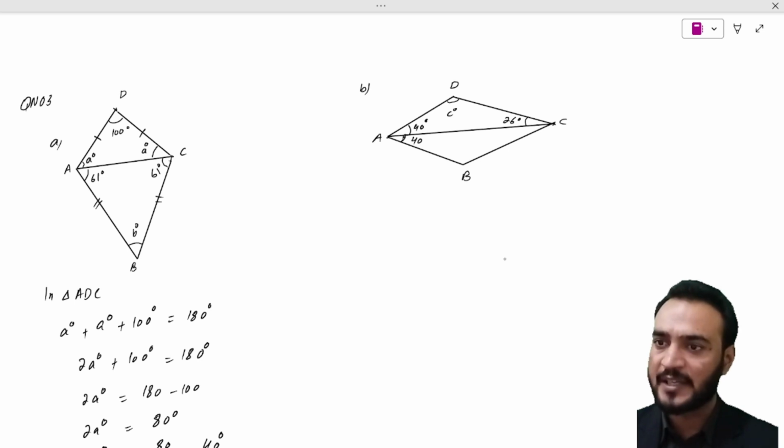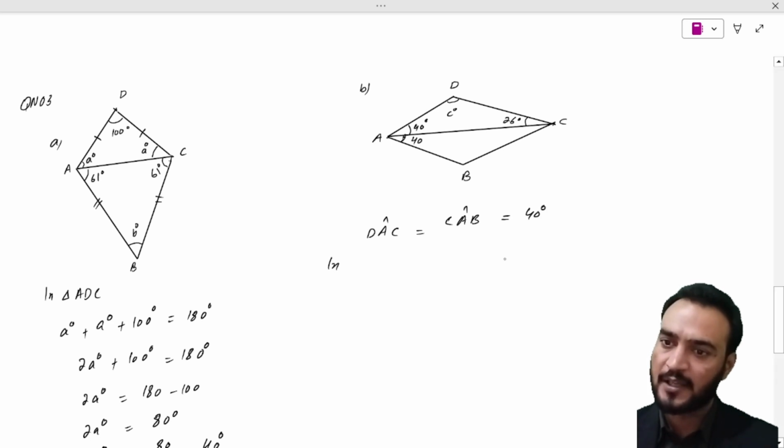Putting the sum of interior angles equal to 180 degree, we get the value of C degree, which is the only unknown in this diagram. So as I have written over here, angle DAC is equal to angle CAB, because the diagonal bisects the interior angle and this angle is equal to 40 degrees.